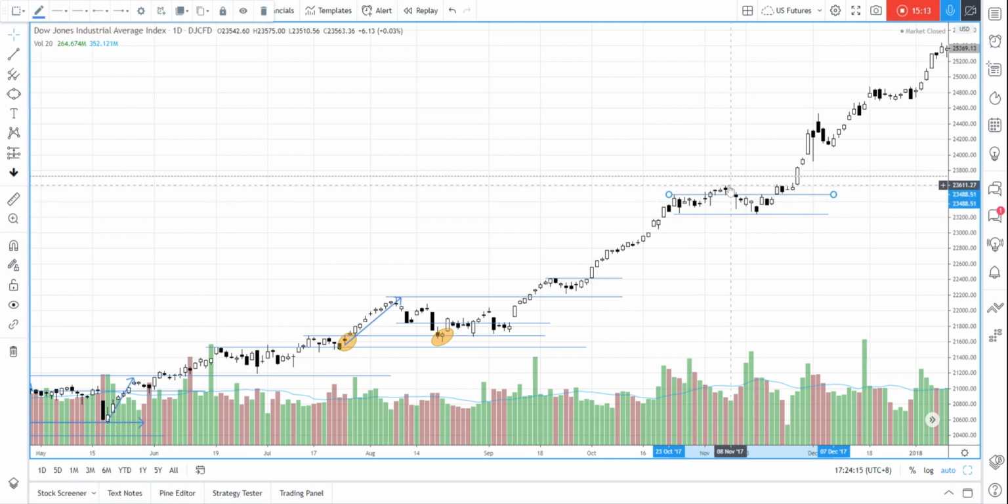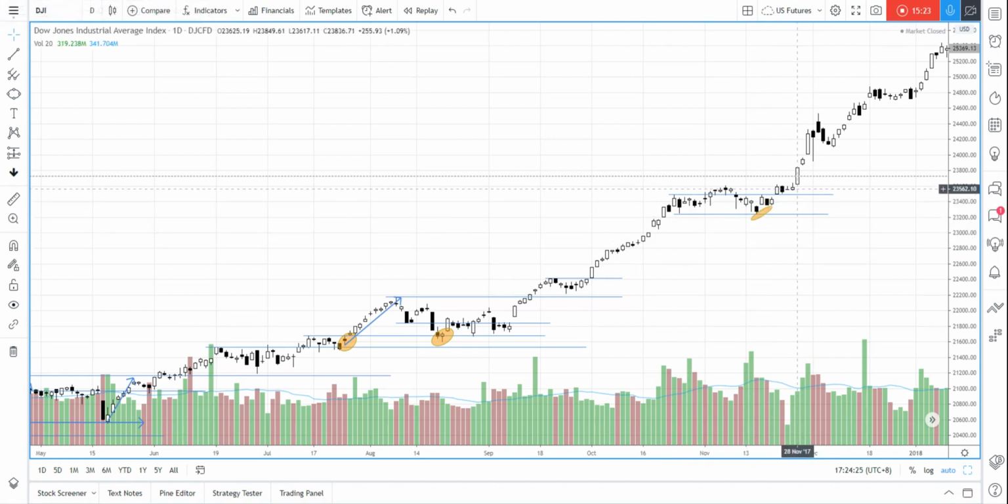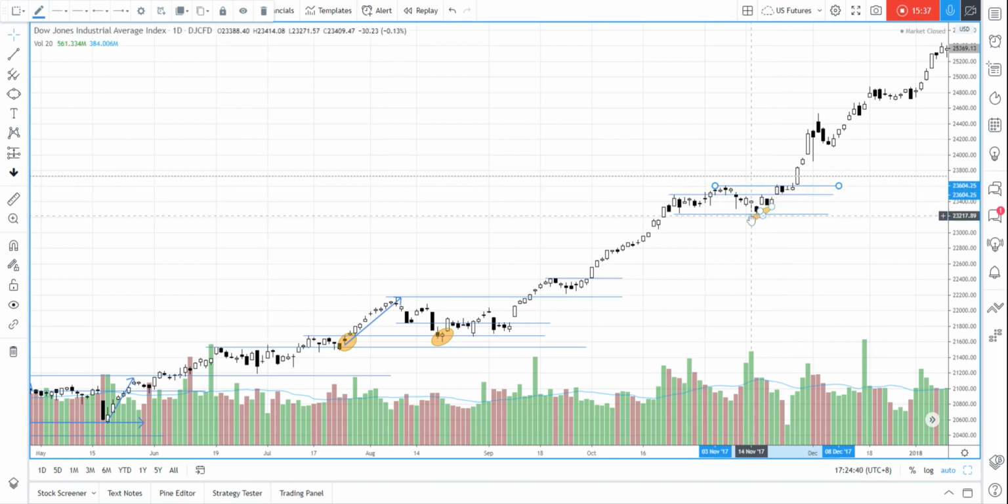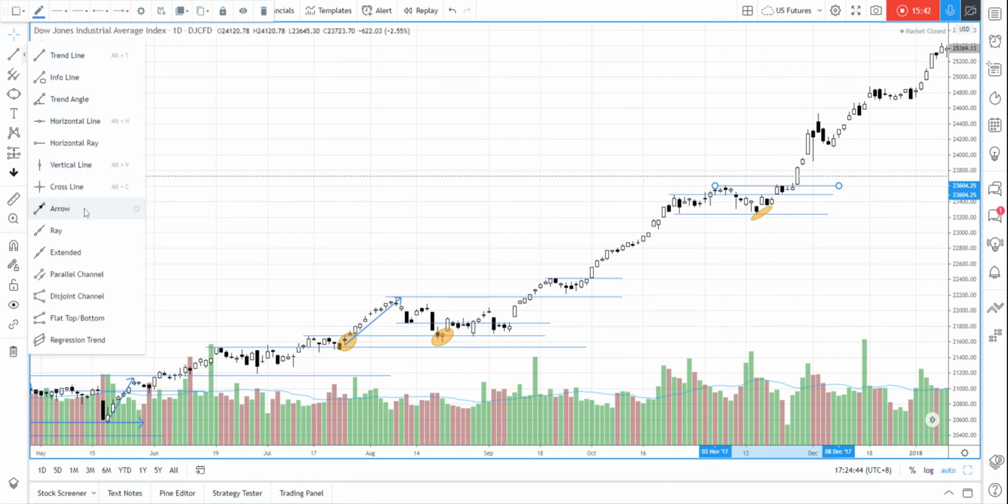So once it breaks out, but eventually fails and comes back to test the support level, and actually just bounces up from this support level, and eventually it breaks out. This is another swing high here. So once it breaks out from this first level, it didn't really have a reaction like here, like the previous trend.